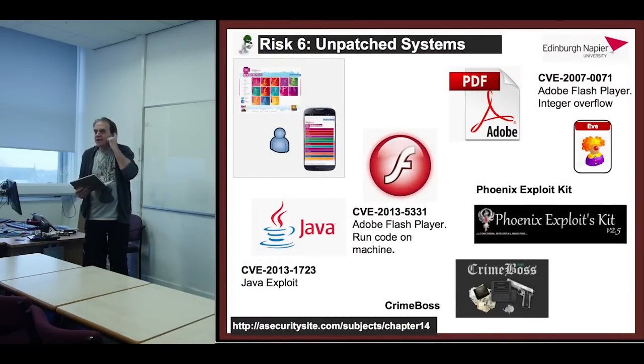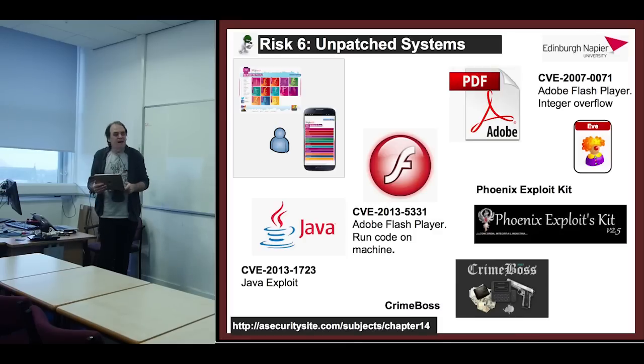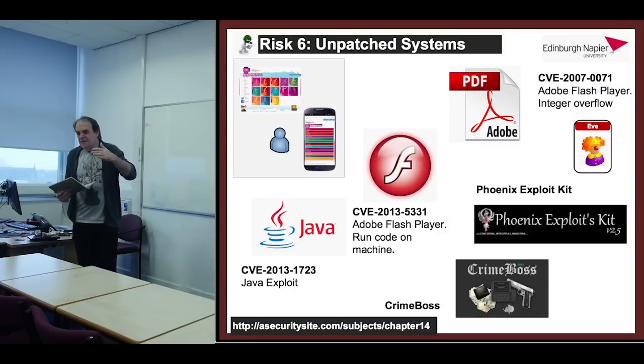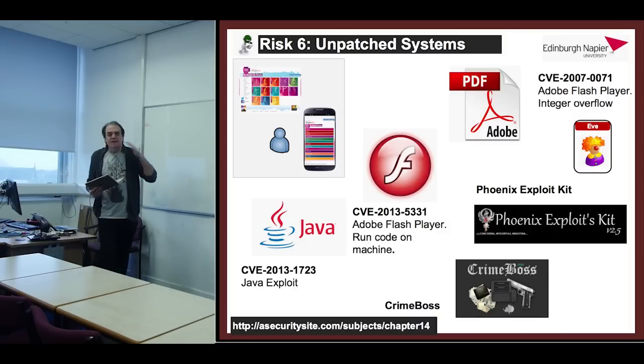The core to much of this is really to make sure that systems are patched properly. Apart from an attack against zero days, the most effective way that you can protect against malware is to patch systems.